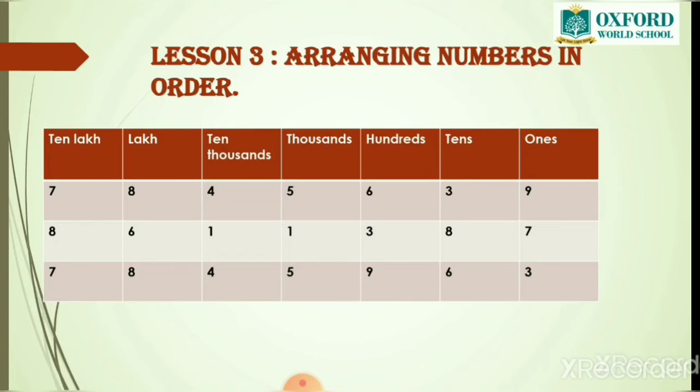So how to arrange the numbers in descending order or in ascending order depending upon the requirement of the question. So we will follow few steps. So I'll tell you the steps one by one.